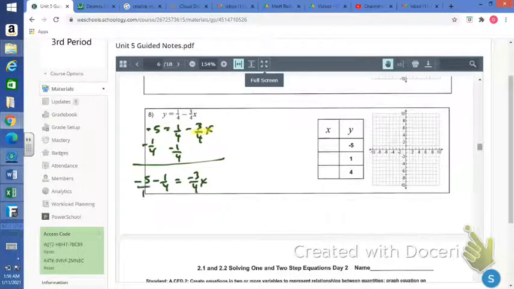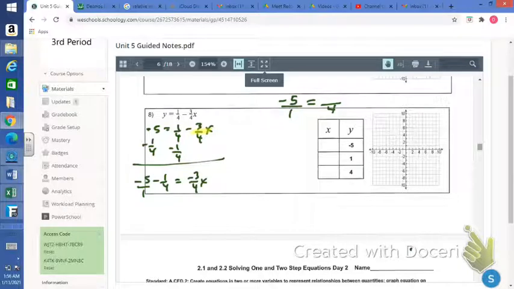So this is really -5 over 1. Now we cannot subtract here because the denominators are not the same. So I have to write -5 with the denominator of 4. So you have -5 over 1. That's going to equal, and we just said we want a denominator of 4.